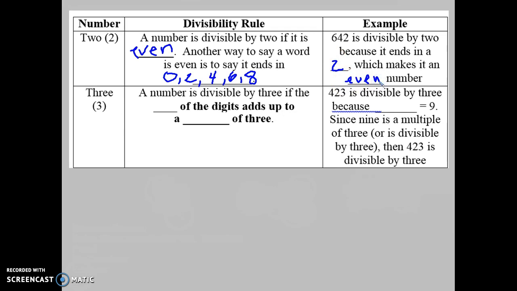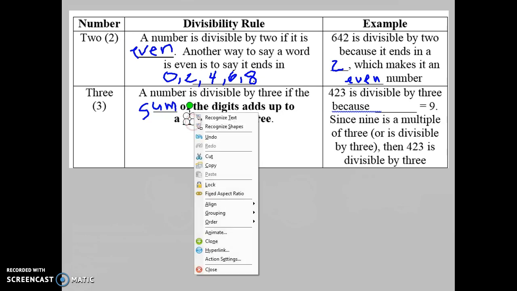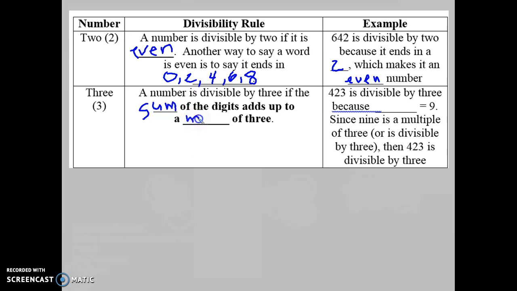The number 3, to check the divisibility rules for 3, we know that a number is divisible by 3 if the sum of the digits add up to a multiple of 3.